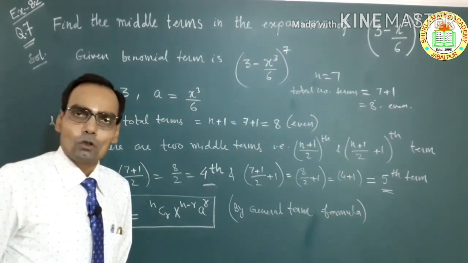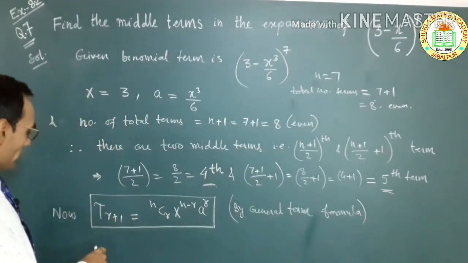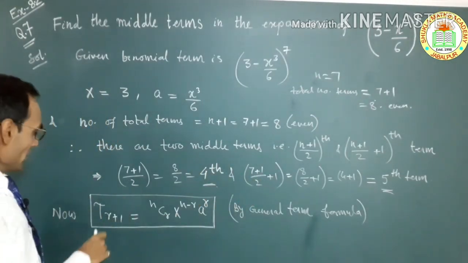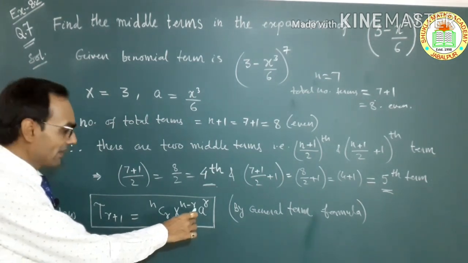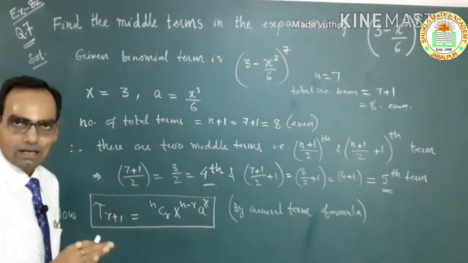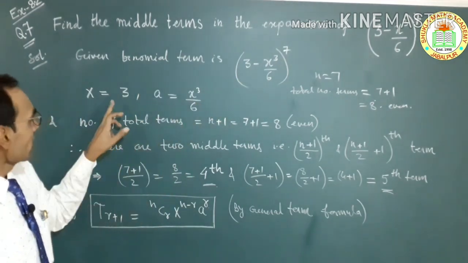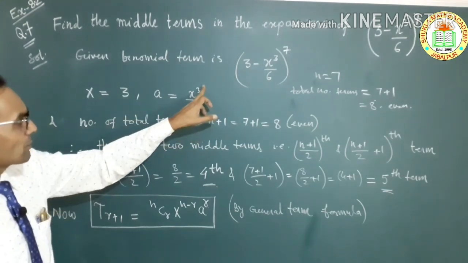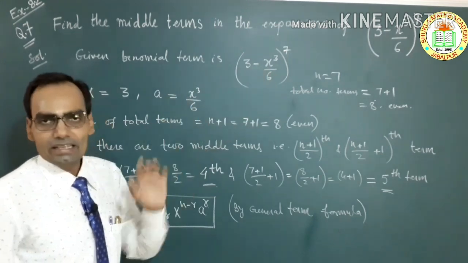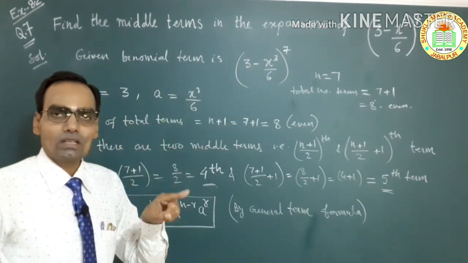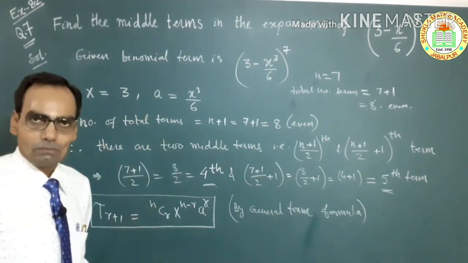We will find these 4th and 5th middle terms by using the general term formula T_(r+1) = nCr x^(n-r) a^r. In this question x is 3, and a is x³/6, and the sign between x and a is minus, so we must use the second formula for expansion of binomial terms.